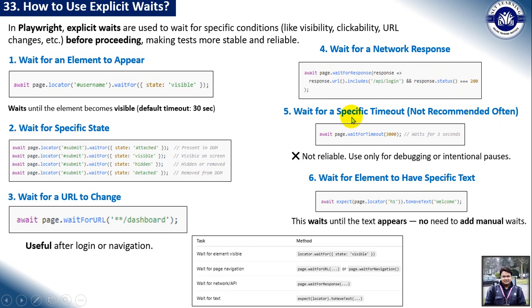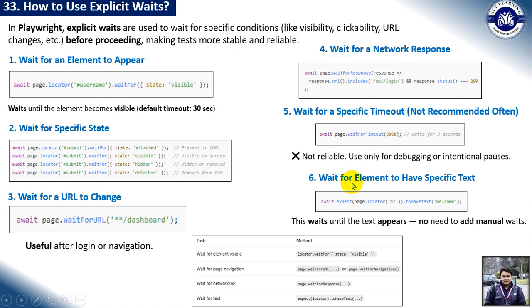Okay, wait for a specific timeout, this is simple, waitForTimeout 3000 means 3 seconds, but this is a hard-coded time, even though the element is visible or interactable, this will wait for 3 seconds, so it is not recommended. So you can always use the auto wait or waitFor with a particular condition as explicit wait.